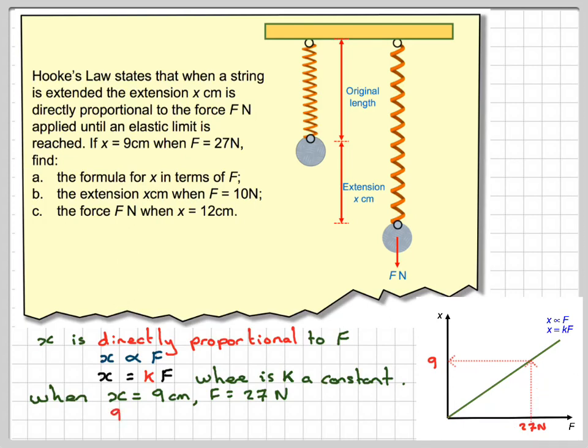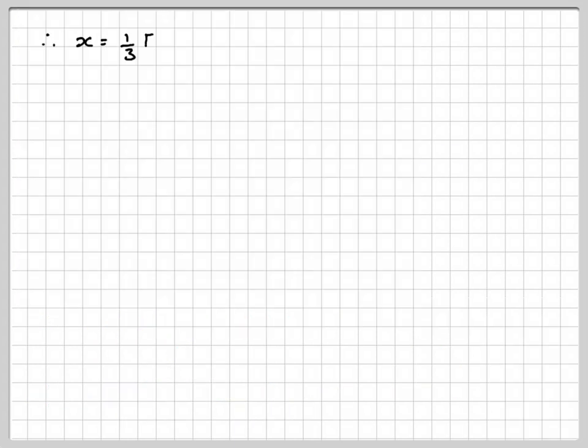Substituting into our formula, 9 is equal to k times 27, where 27 is F, therefore k will be 9 over 27, which is equal to 1/3. So my formula is going to be X is equal to 1/3 of F.